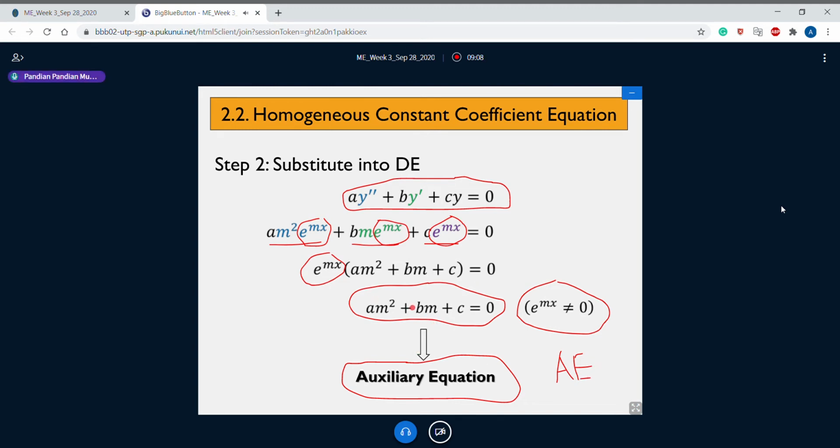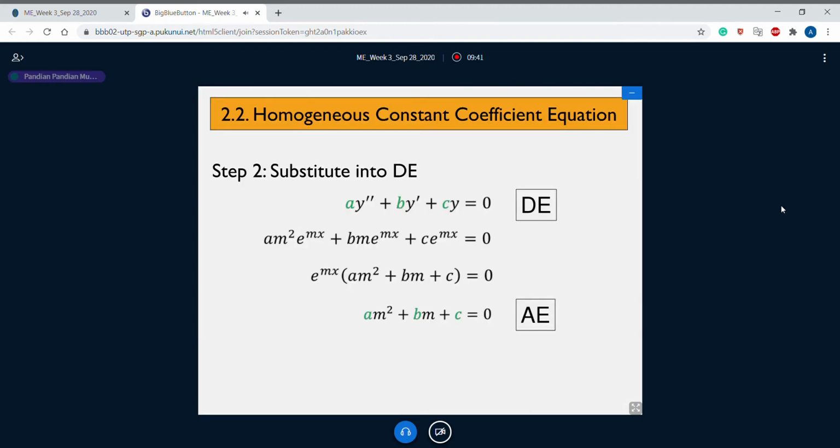Now, this equation is a quadratic equation, a m squared plus b m plus c equals 0, and you can find the value of m using any factorization method or the quadratic formula, that is m equals minus b plus or minus the root of b squared minus 4ac, divided by 2a.